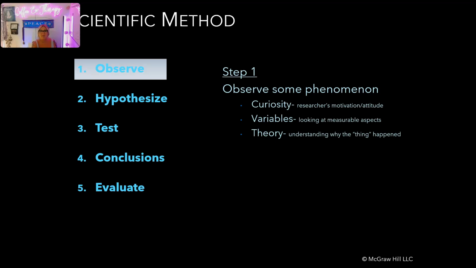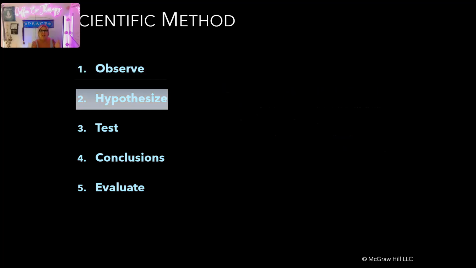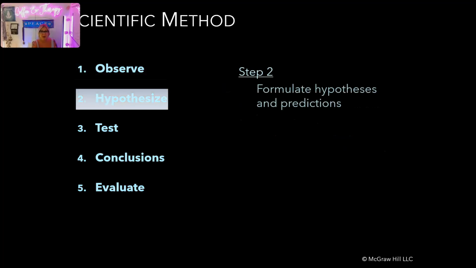You have to come up with a theory, so understanding why the thing happened. And then there's a term called falsifiable, research that can prove a theory wrong. So sometimes when you're observing and doing research, you're going to find that the theory you're looking at is simply incorrect.